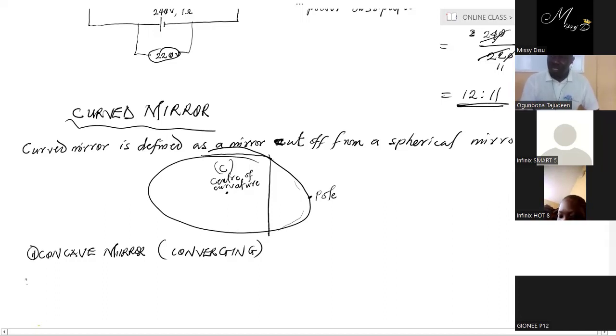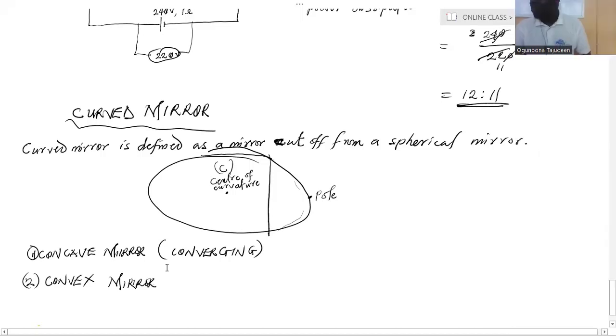Second one is convex mirror. Convex mirror, that one is diverging mirror.